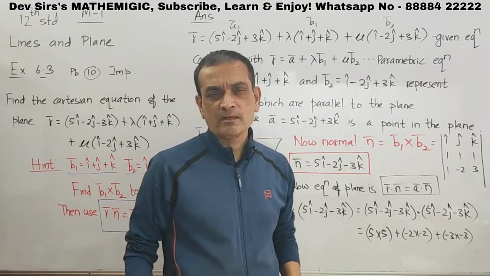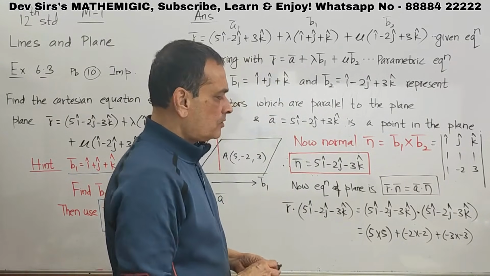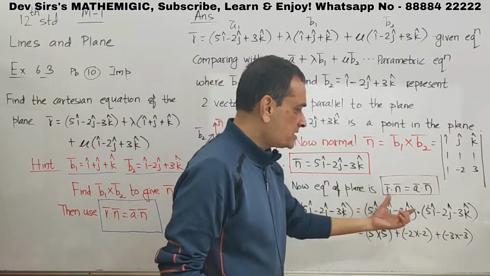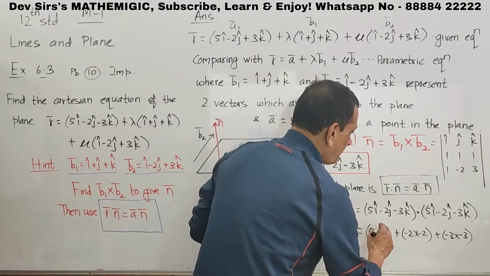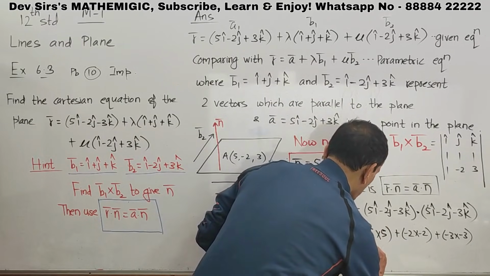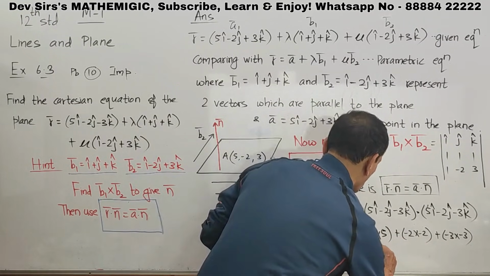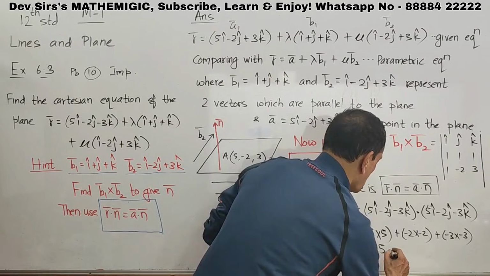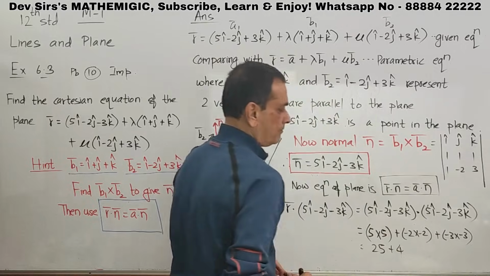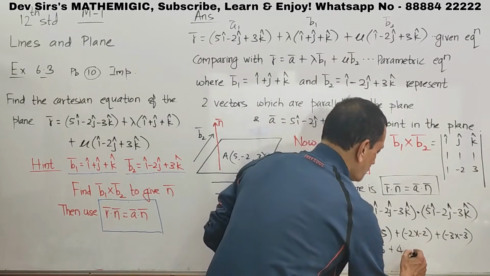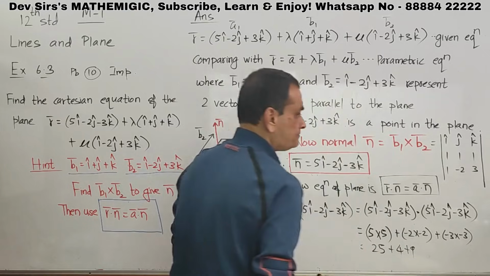Keep math simple and basic, सब आसान हो जाएगा. Okay, dot product सिर्फ डायरेक्शन रेशियोज का प्रोडक्ट लेना है तो कितना आता है देखो 5 into 5 25, minus 2 into minus 2 plus 4, minus 3 into minus 3 plus 9.